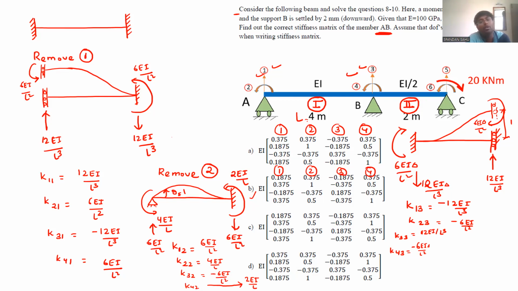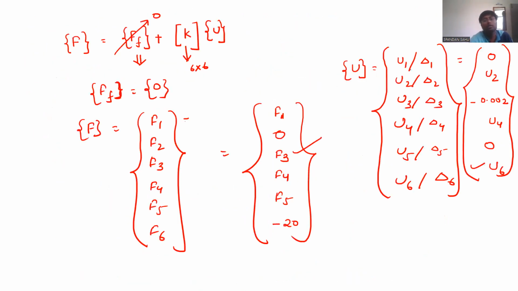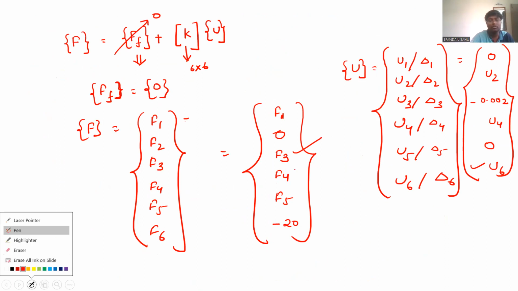Will that be 0 or not? Externally, along that coordinate in that joint, is there any external moment? Like at 6, we are directly writing minus 20 kilonewton meter. But at 4, is there any reaction or moment? No, sir. So F4 will be 0.